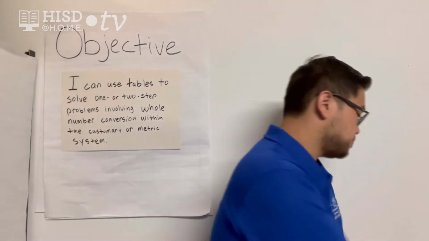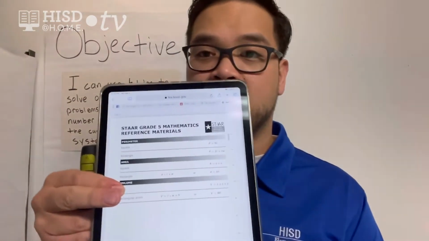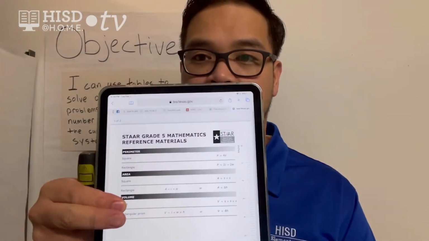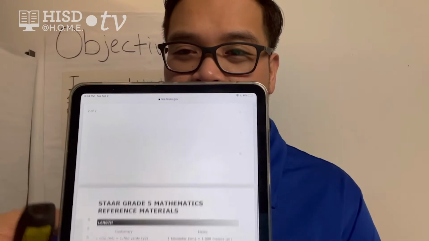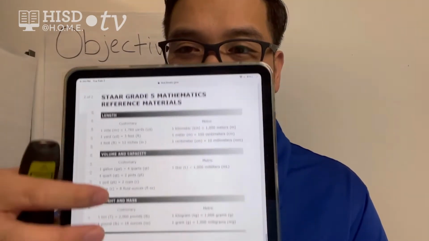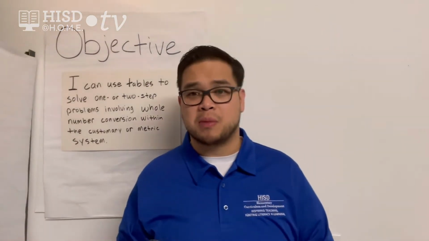If not, you can get your device and Google 5th grade STAR mathematics reference sheet, and it's going to look like this. Make sure you have this out also, because it's going to help you solve some of the problems we have today.